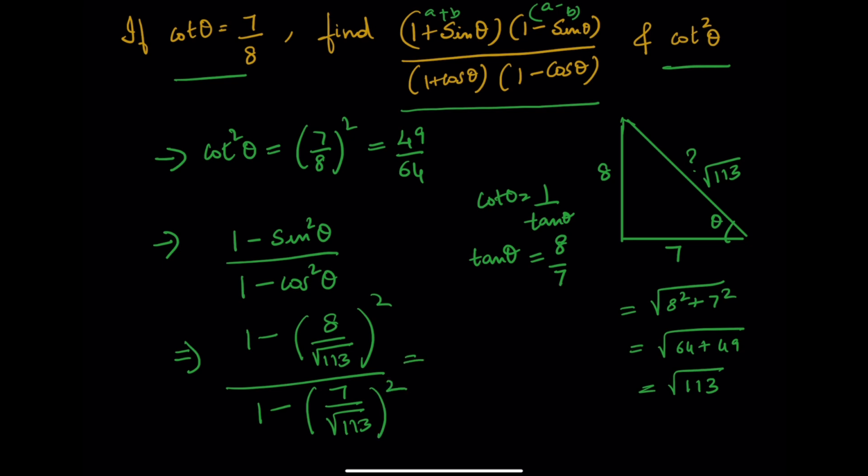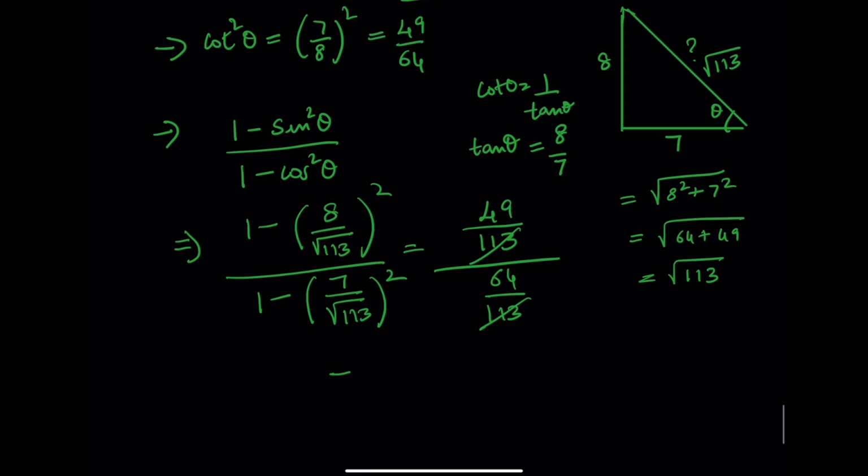So this will be 113 minus 64, which is 49 by 113, and 113 minus 49, that would be 64 divided by 113. We can cancel the denominators, so the value would be 49 divided by 64. This is the answer of the function.